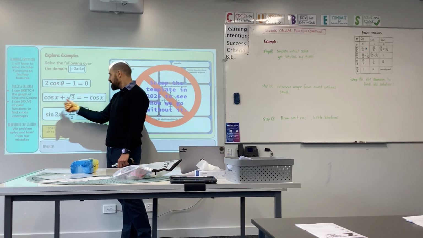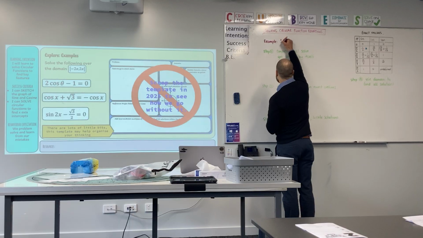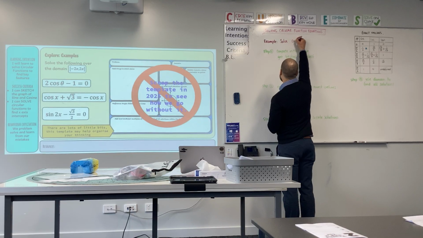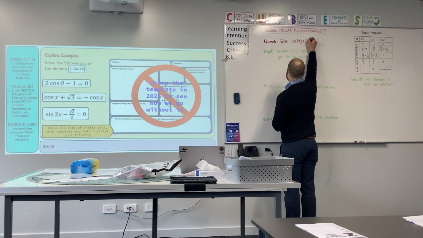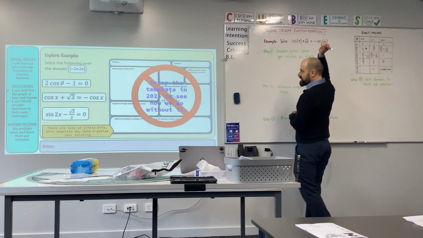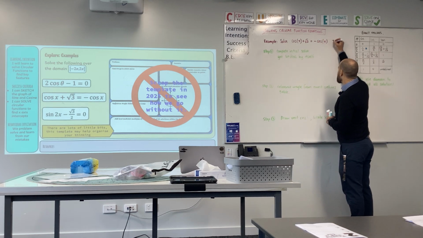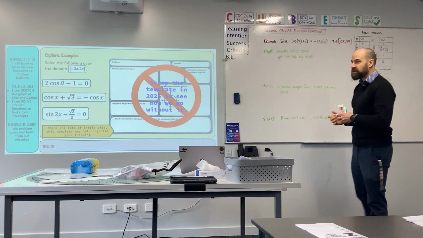Cos x plus root 3. Right, let's do this. So we want to solve cos x plus root 3 equals negative cos x, and we want for x to be an element of negative 2 pi this time to 2 pi. So our domain's changed.